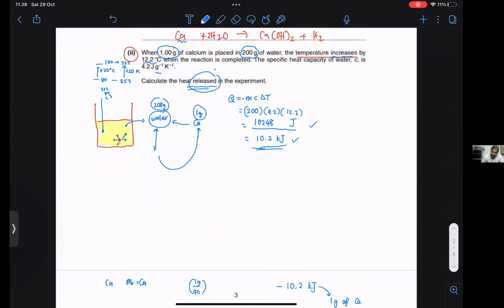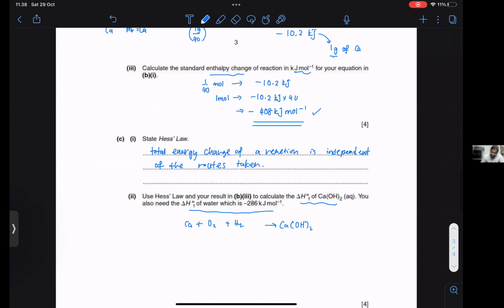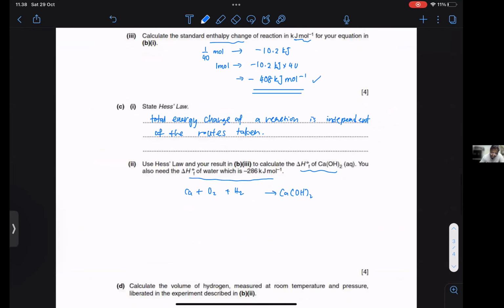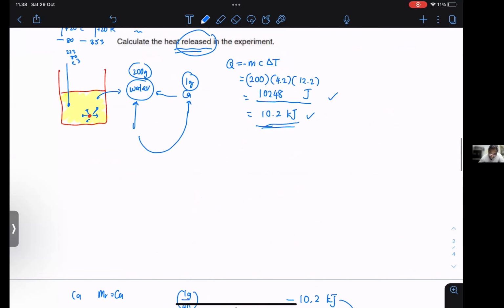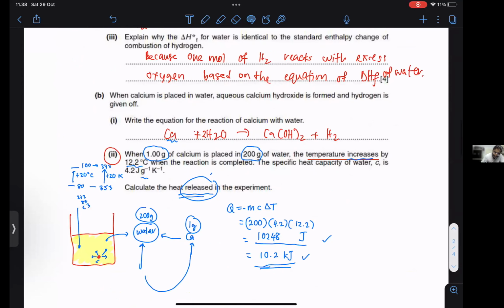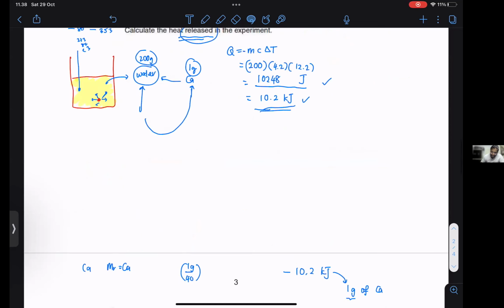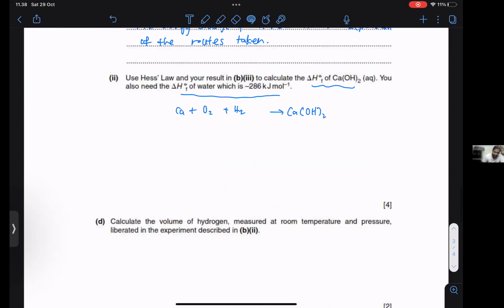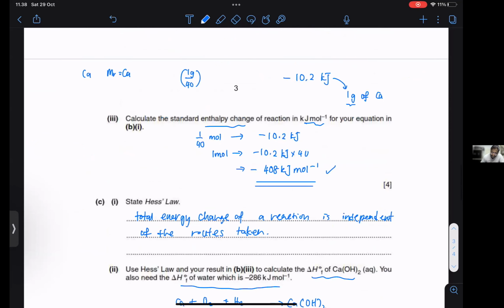You want to calculate this. I will take this reaction first, copy, and put it here. This value we have calculated just now, the enthalpy change of reaction is negative 408.